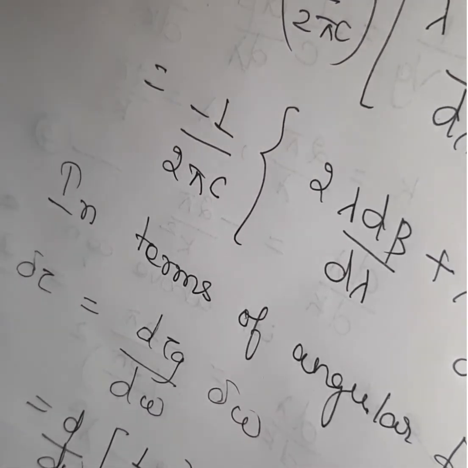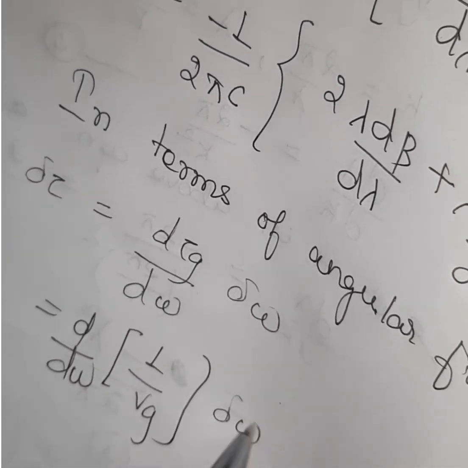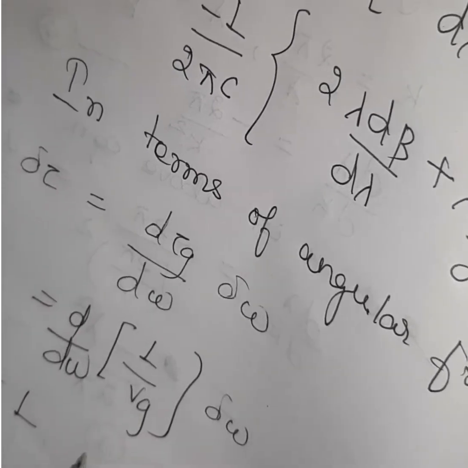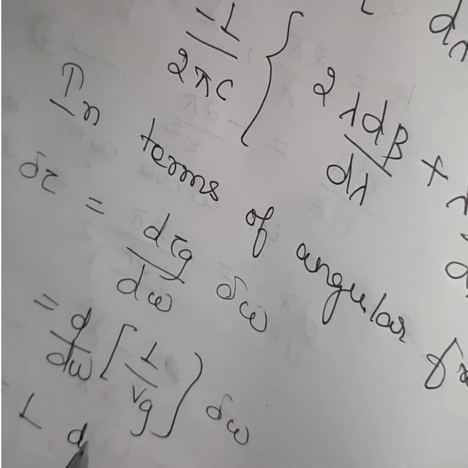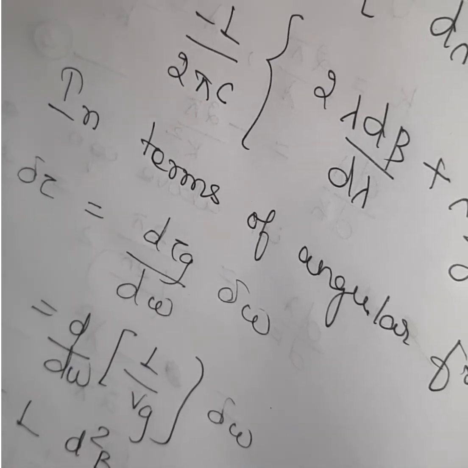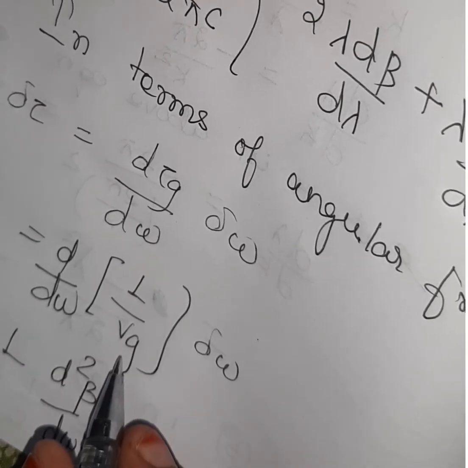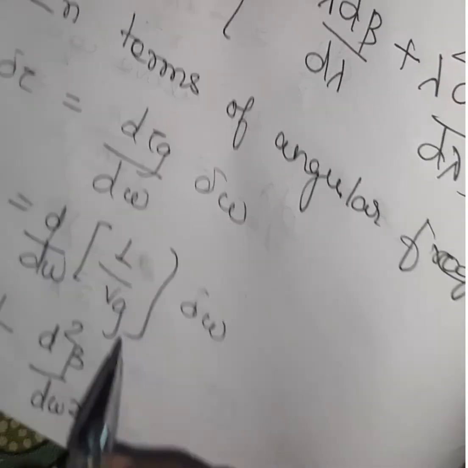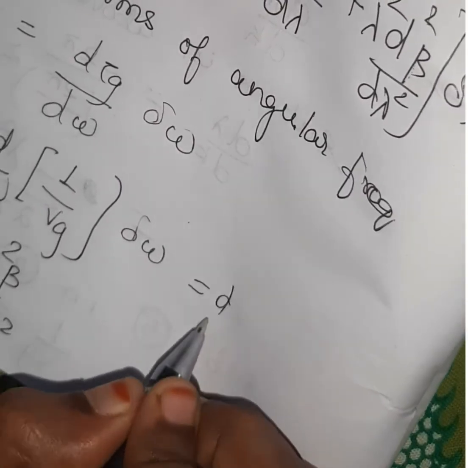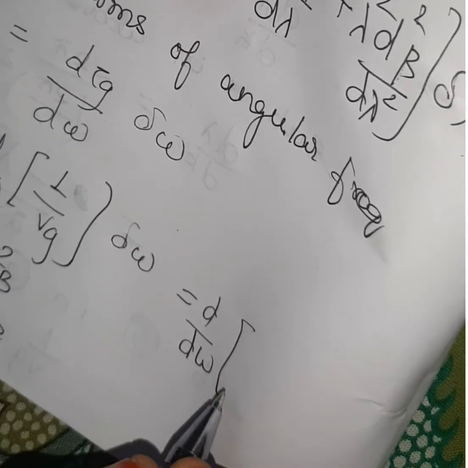That is the group delay formula, L by Vg, dou omega. Take the constant term outside, and the value is d by d omega.